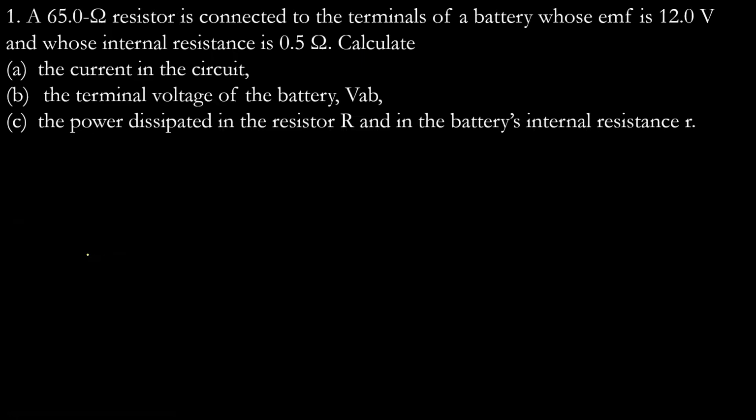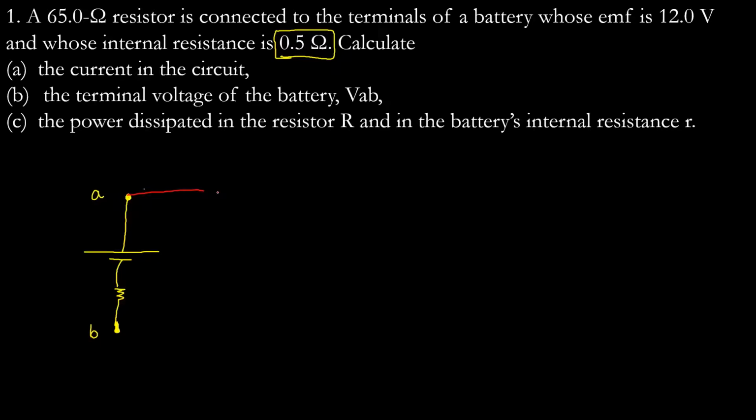So let me first draw the battery. So here is my battery, and we know that the battery has an internal resistance. So here's my battery and here's the internal resistor. And I'm going to mark points A and B, which are the terminals of the battery.